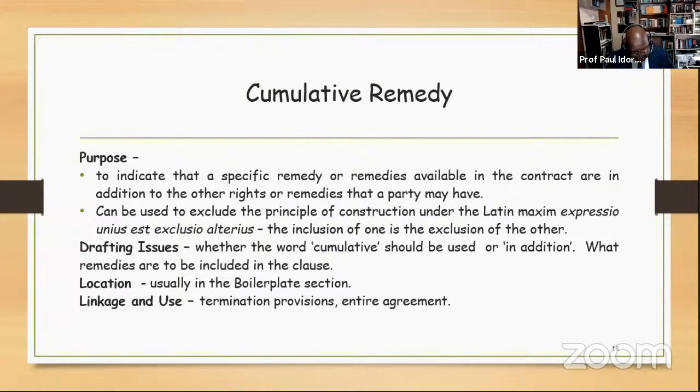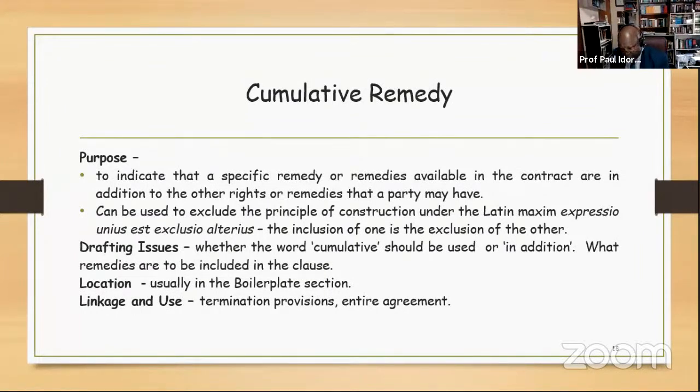I say again, this contract is not limited to the remedies available in this contract. The contract is subject to the remedies available under the general law. It's very, very important so that nobody is cheated. Nobody will assume that, because the contract provides for remedies, you cannot benefit from the general law.